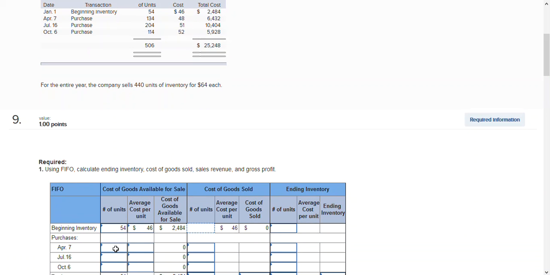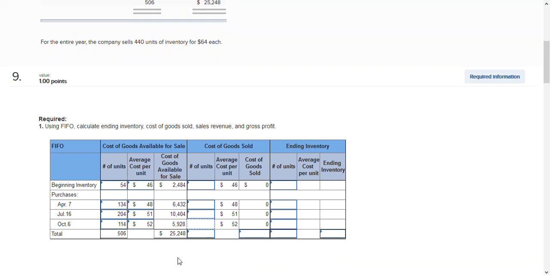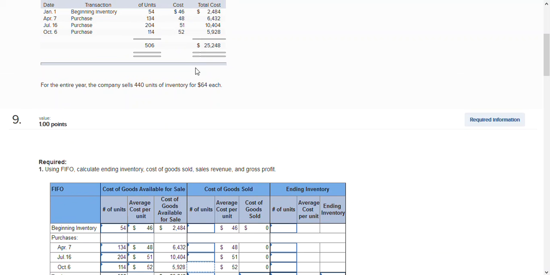We're just going to do that for all 3 of the purchases, typing in the amounts that were given. That is all there is to that section. The totals in that section should match the totals up here because we just plugged those same numbers in.